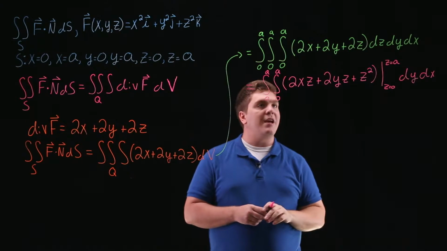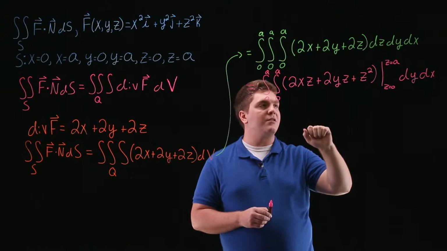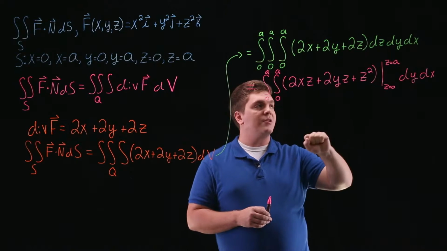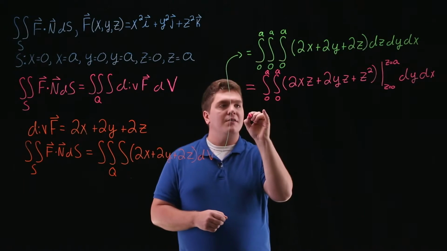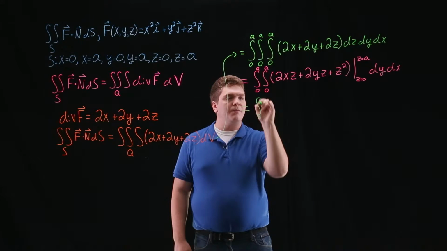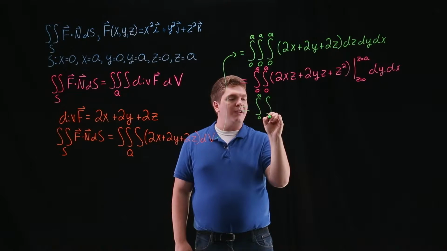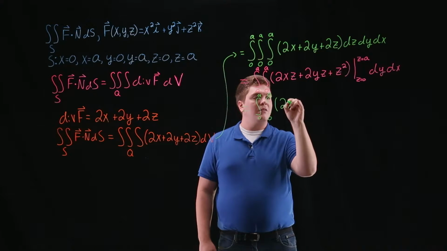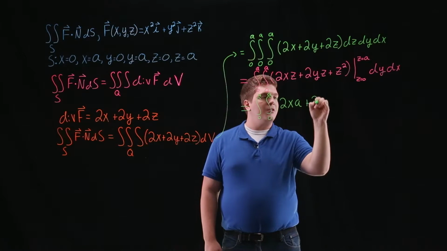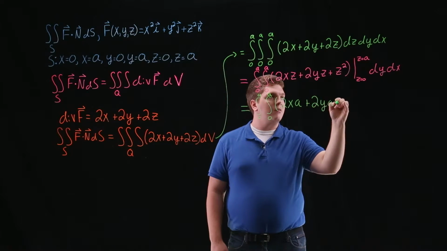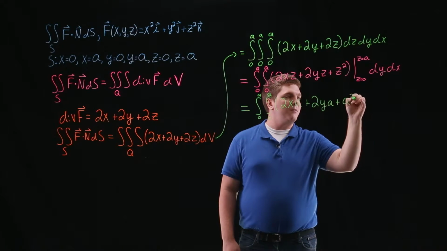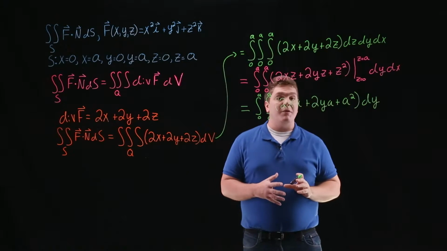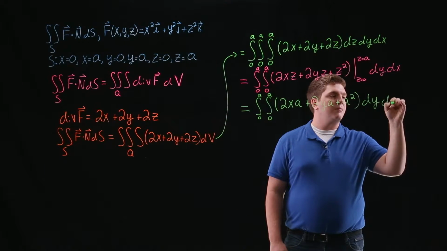If we substitute in z equals a, we have 2xa plus 2ya plus a squared, and if we substitute 0, each of these terms becomes 0. So this is equal to the integral from 0 to a of the integral from 0 to a of 2xa plus 2ya plus a squared. Now we'll integrate with respect to y, and after that, with respect to x.